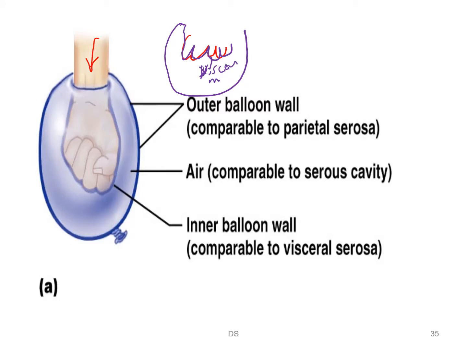Visceral membrane. The one which encircles the wall is known as parietal. The one which encircles the actual structure, we call the viscera, and the one which encircles the surrounding towards the outside, that is the parietal.